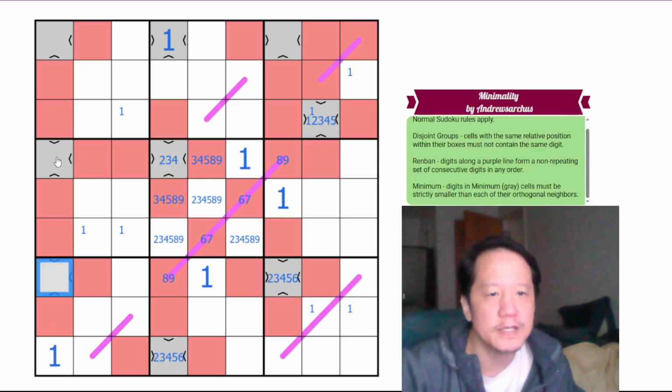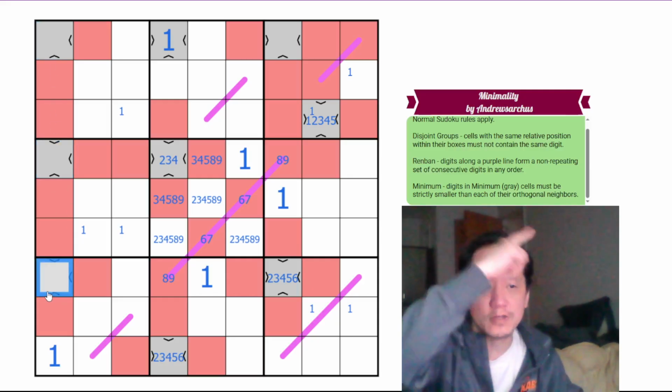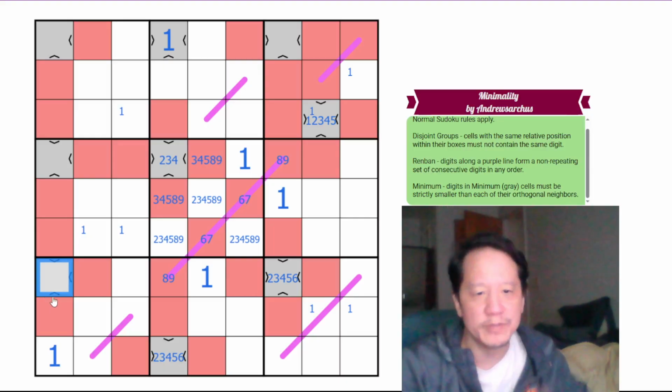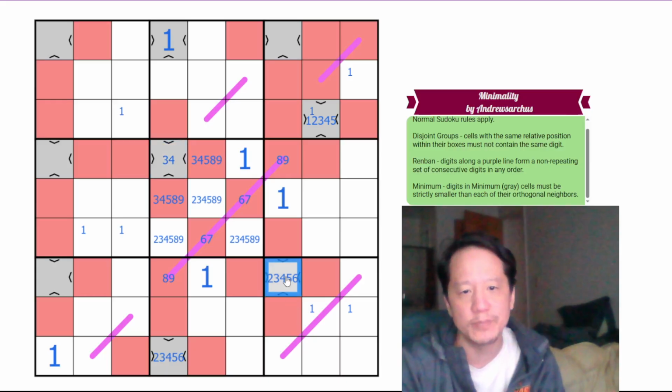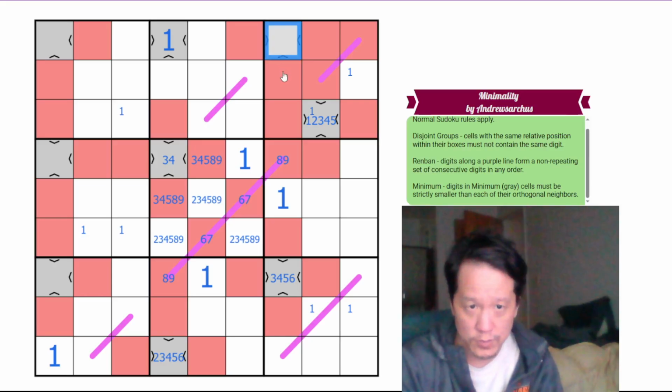That means in column, okay, there we go. In column one, the two has to be in a minimum, which is in the upper left-hand corner, which eliminates two from upper left-hand corners in general. So this can't be two, this can't be two, this can't be two. So we have 3 through 6 here.